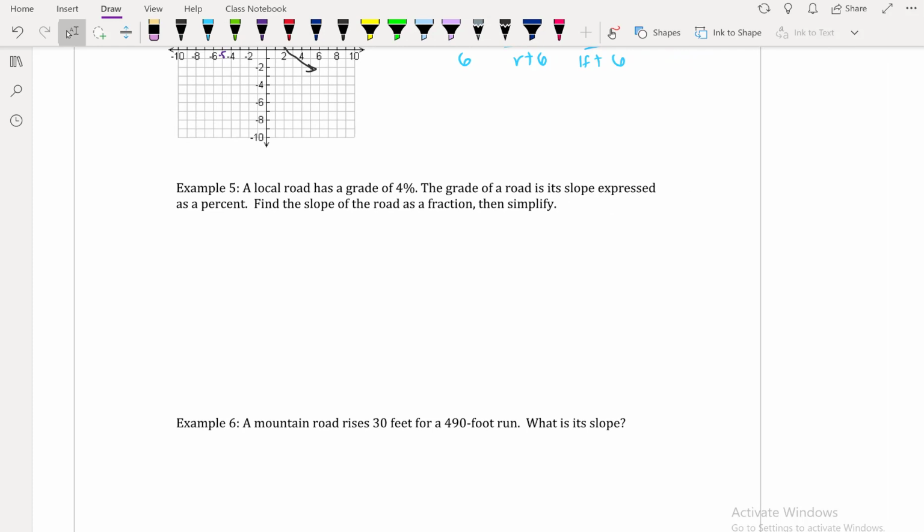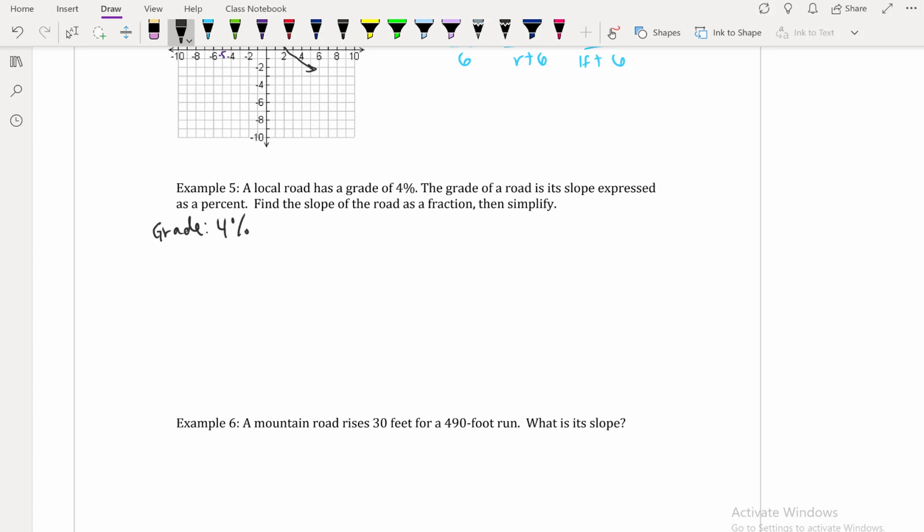Now, example number 5. A local road has a grade of 4%. The grade of a road is its slope expressed as a percent. Find the slope of the road as a fraction, then simplify. Well, we are talking about a grade, and the grade is 4%.